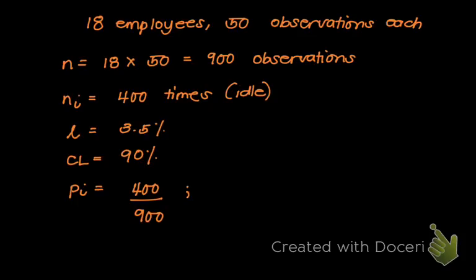And then, yung Q is 1 minus 400 over 900. So, in our actual computation, again, yung ating N is Z alpha over 2 PQ over L squared. So, pati ito ay naka-square.